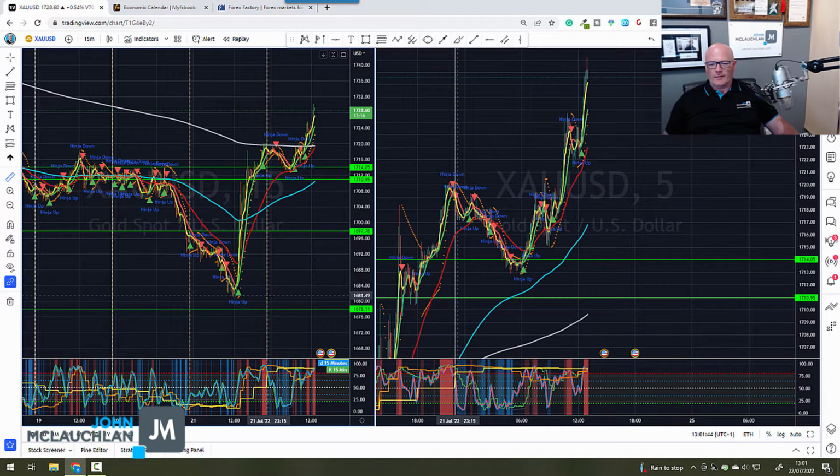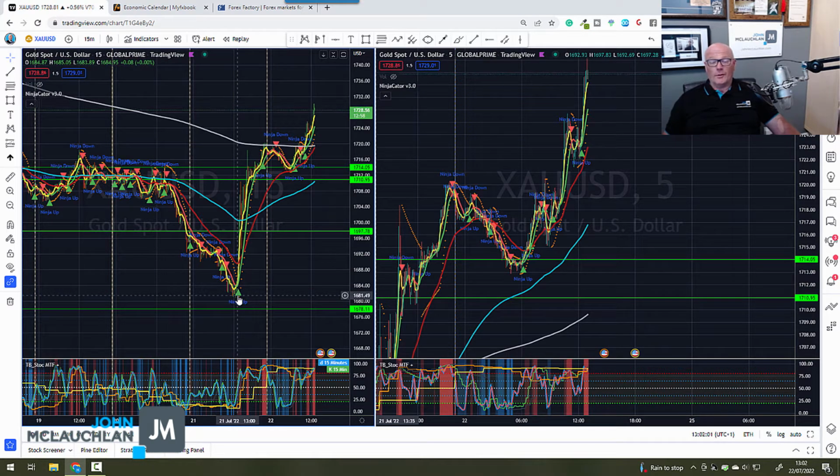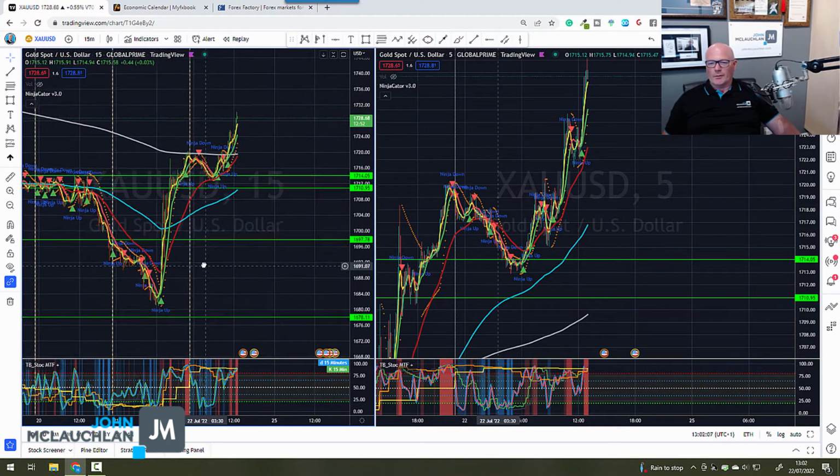It's the lowest it's been for a long time, and it's actually gone back up to here, a 493 pip push in that direction, and that was since yesterday, the 21st. Since yesterday at 1300. Would you believe 1300? There's a coincidence. So yeah, gold's been on a real trip the last 24 hours.